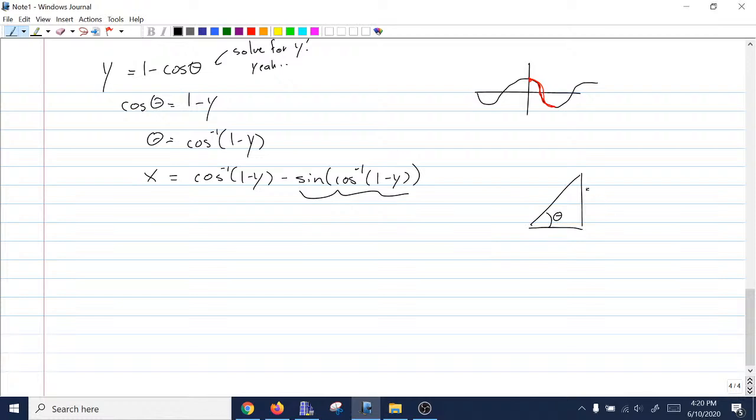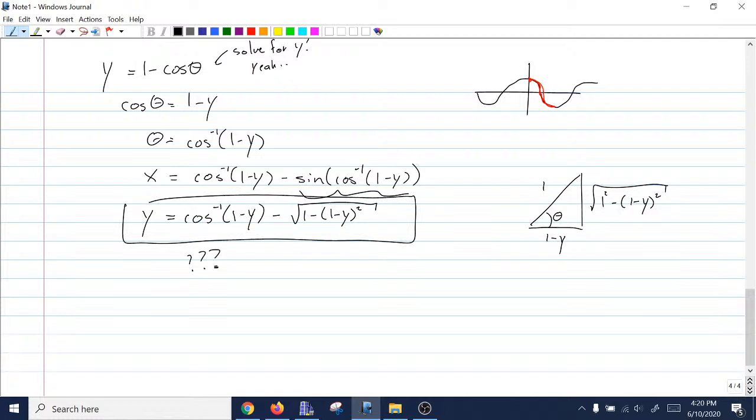So adjacent over hypotenuse is 1 minus y over 1. And then we use the Pythagorean theorem for the last one, square root of 1 minus y squared. So sine is opposite over hypotenuse. I get this is cosine inverse of 1 minus y minus the square root of 1 minus y squared.